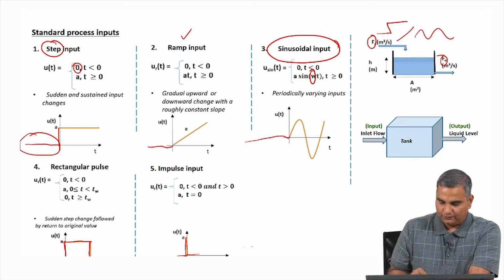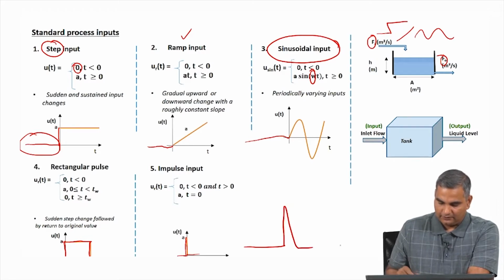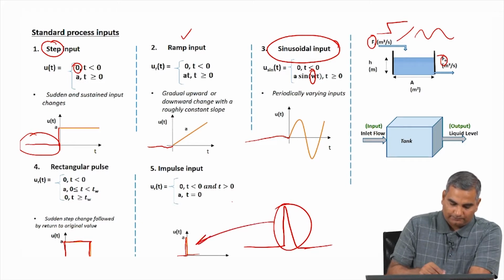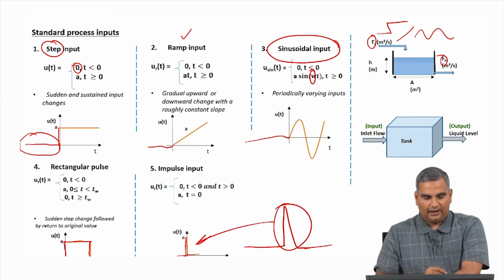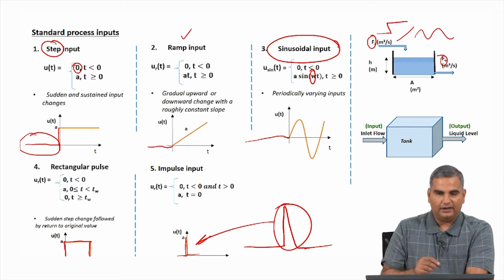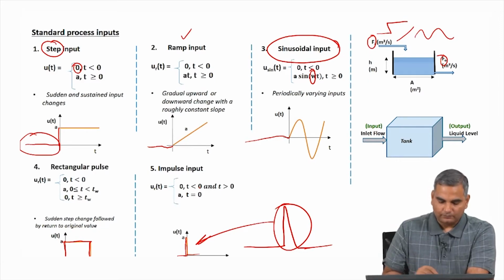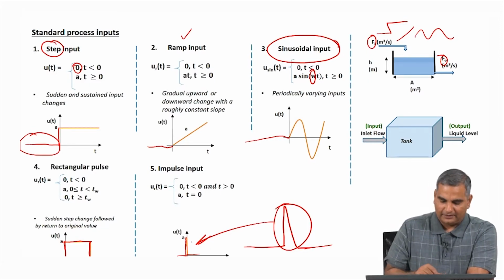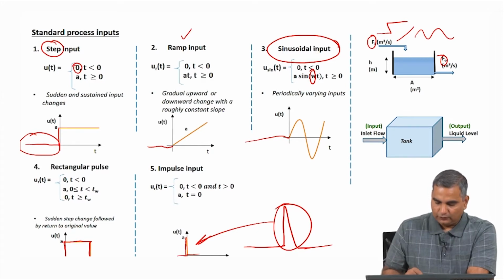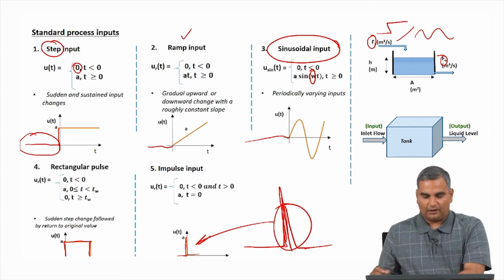So, this is an impulse input. Mathematically you could say it is a when t is 0 and every other time it is 0. So, you might think of this as a mathematical idealization of this. You can get closer and closer to the mathematics by making it sharper and sharper.